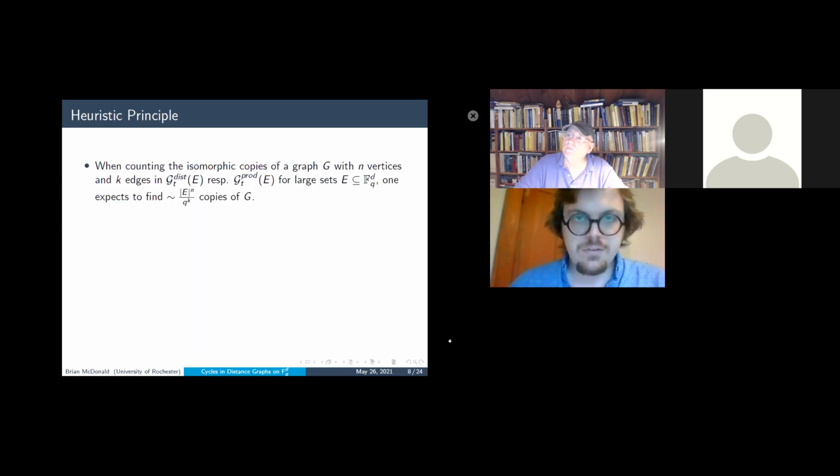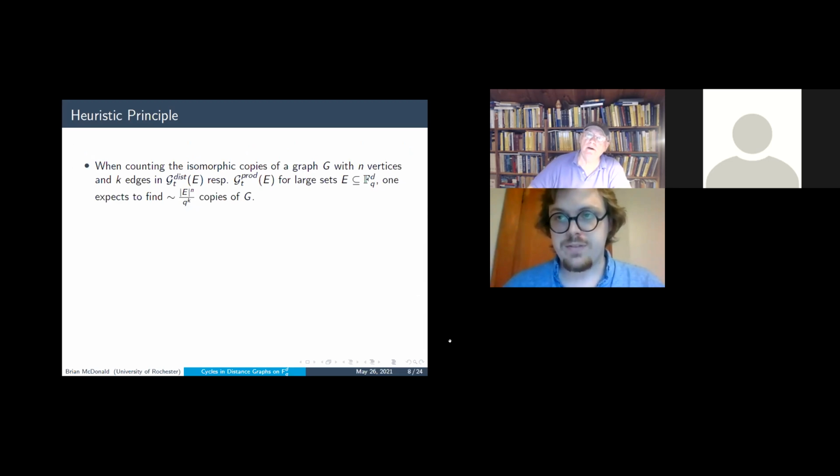Okay. So, right, and as I kind of mentioned, there's a heuristic principle that so far all the examples that we've looked at have obeyed, right? That if we're counting the number of copies of the graph G with n vertices and k edges in either the distance or dot product graph for large sets, then one expects to find roughly |E|^n over q^k copies of G. And once again, this is because |E|^n, that's how many n-tuples of points in E you have.